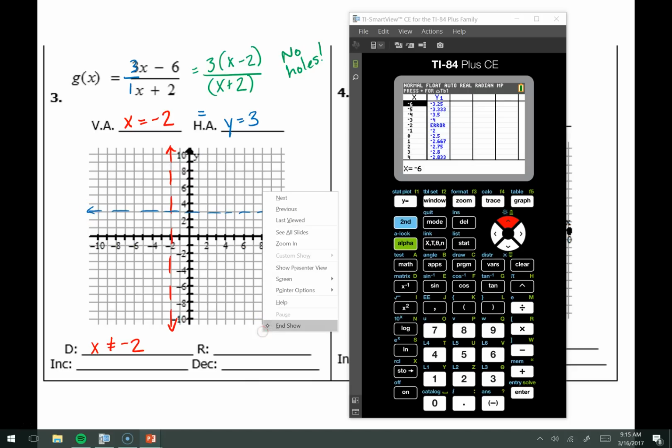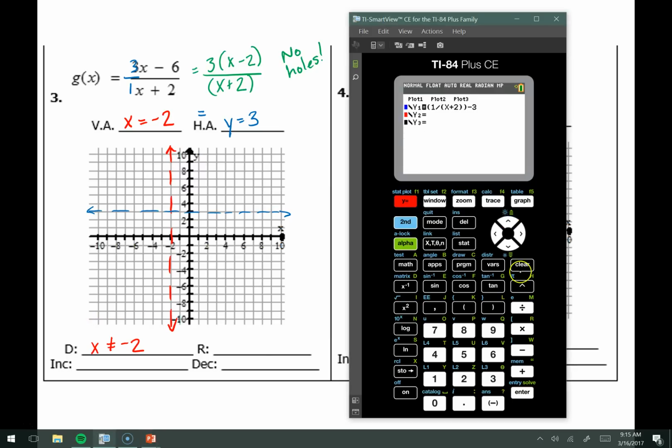So let's look at our calculator and get some points now. Plugging this one in, I'm going to plug in the original problem, and I'm going to use parentheses on the top and also the bottom. So 3x minus 6 divided by x plus 2. Okay, and then I'm going to hit second table. Okay, so let's see. This one has some nice points, so let's pick some of those nice points. Let's do negative 6, positive 6.